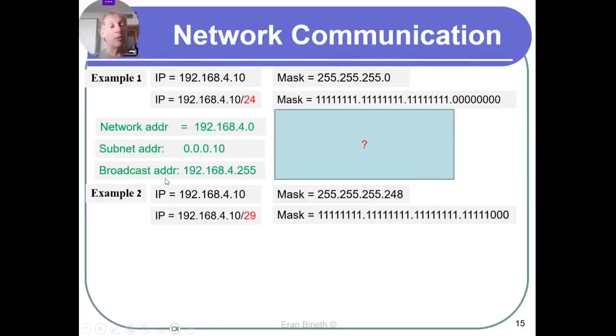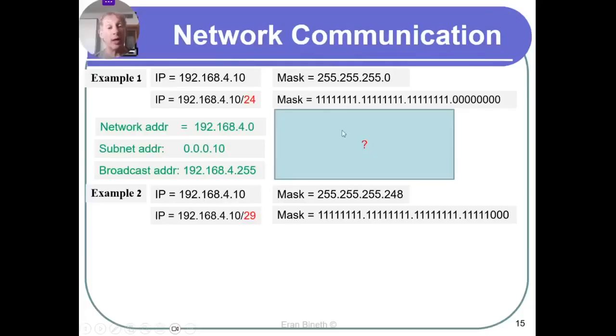The broadcast address maximizes the right octet to achieve 192.168.4.255. Sending a message to 192.168.4.255 will reach all the devices within that network.